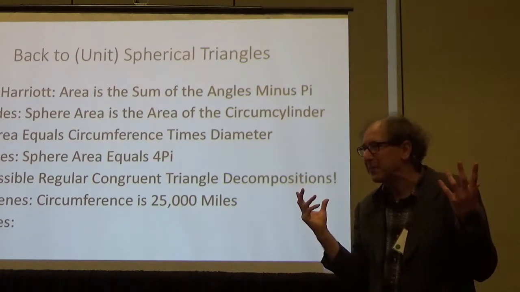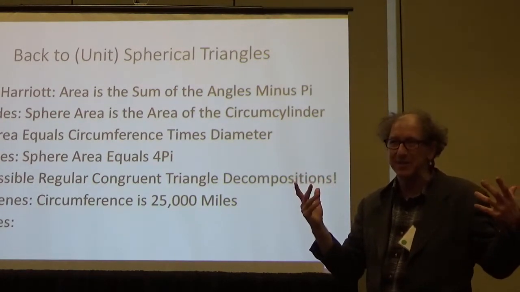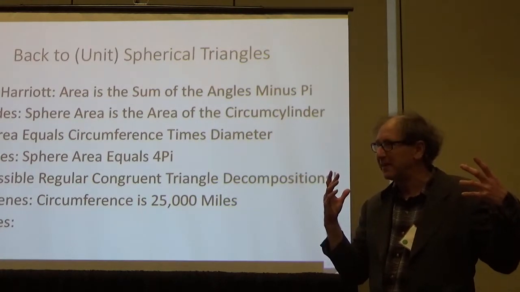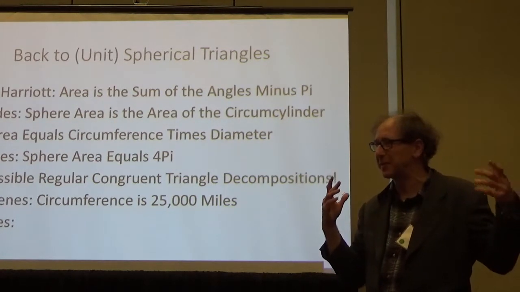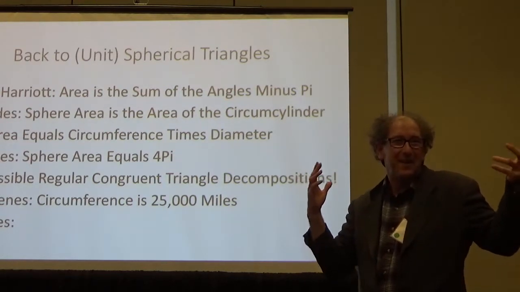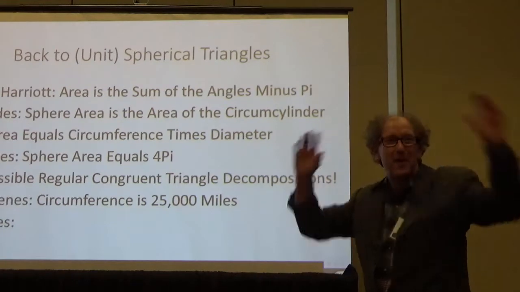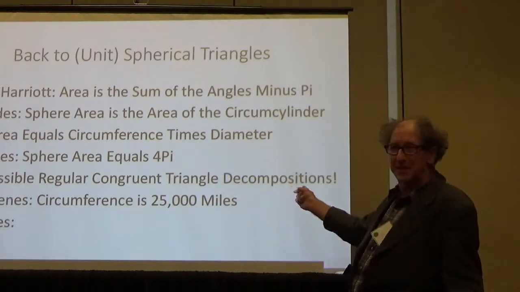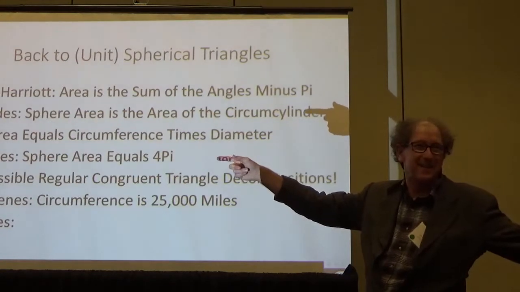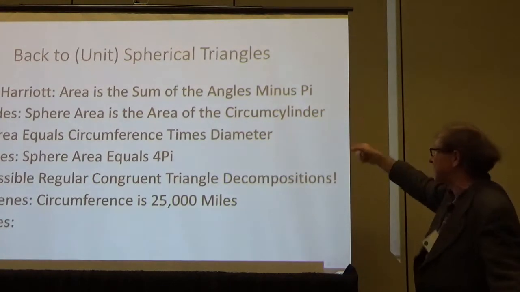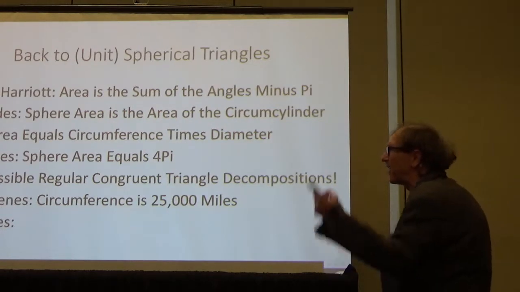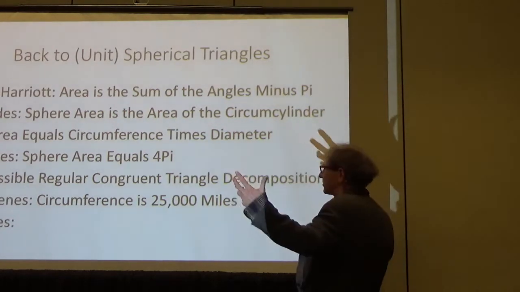There are only 3 possible ways. Of course, you know that: the tetrahedron, the octahedron, and the icosahedron, the one that's not the pentagons. There are 3 Platonic regular sphere decompositions, and it's a very easy way to show it. Combine Archimedes' 4 pi and Harriot and Girard's sum of the angles. That's a nice classification of triangular Platonic solids.